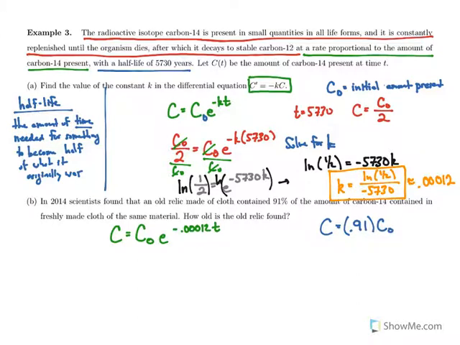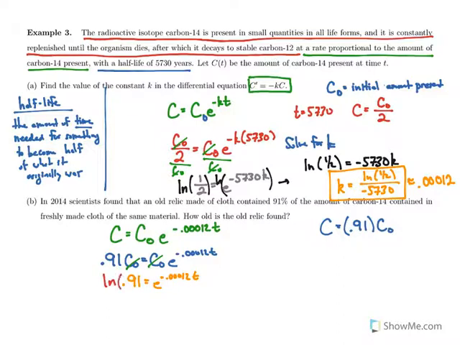It's almost all of C naught, but it's not quite all of it. And if we plug that in, we have 0.91 C naught equals C naught e to the negative 0.00012 t. We can divide out the C naughts, and we'll be left with 0.91 equals e to the negative 0.00012 t.